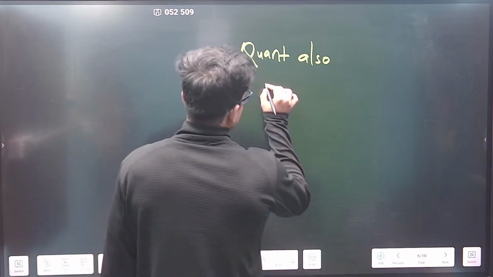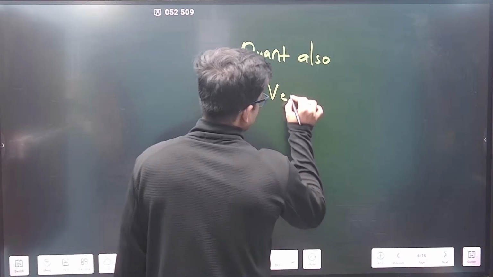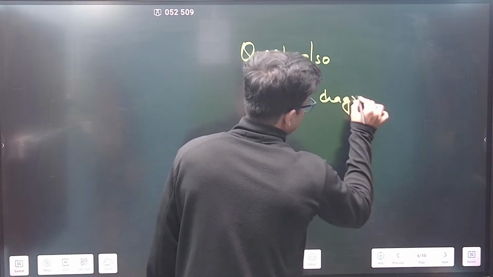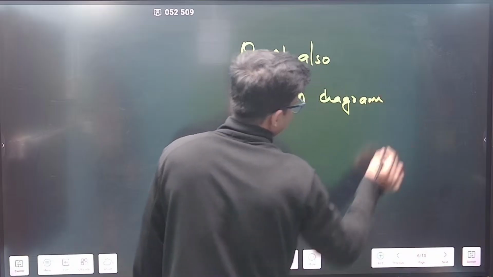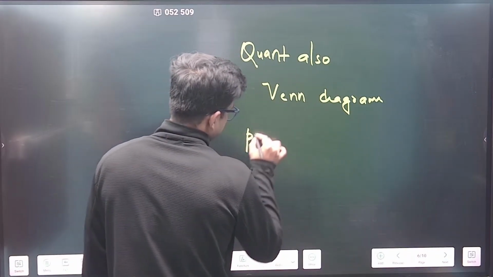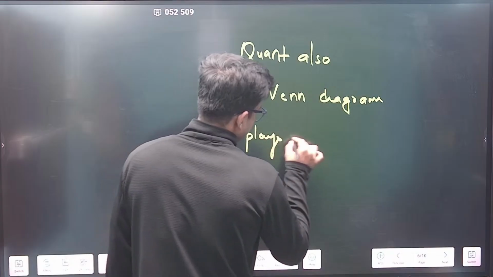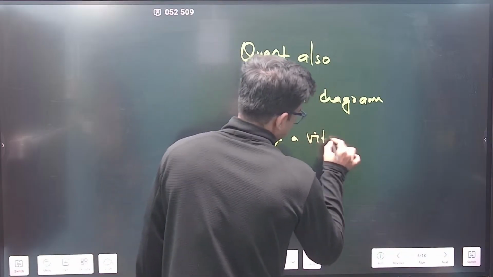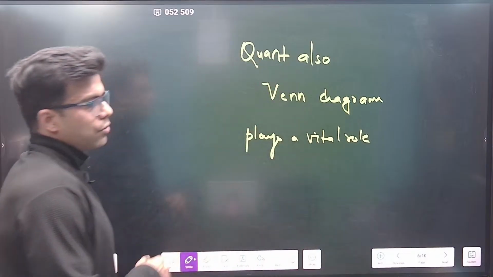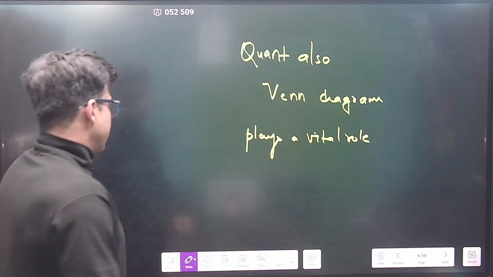In Quant also, Venn diagram plays a vital role. As I said, if you have the ability of solving a question of Venn diagram, this is going to help you a lot.